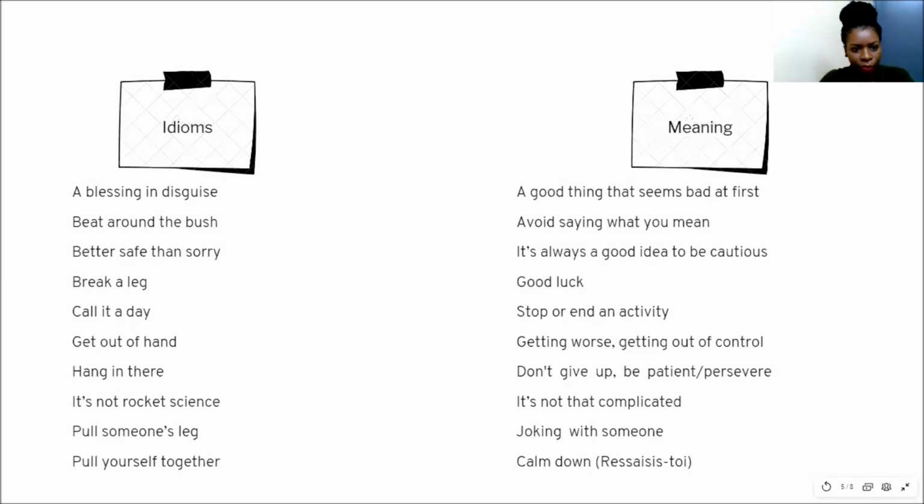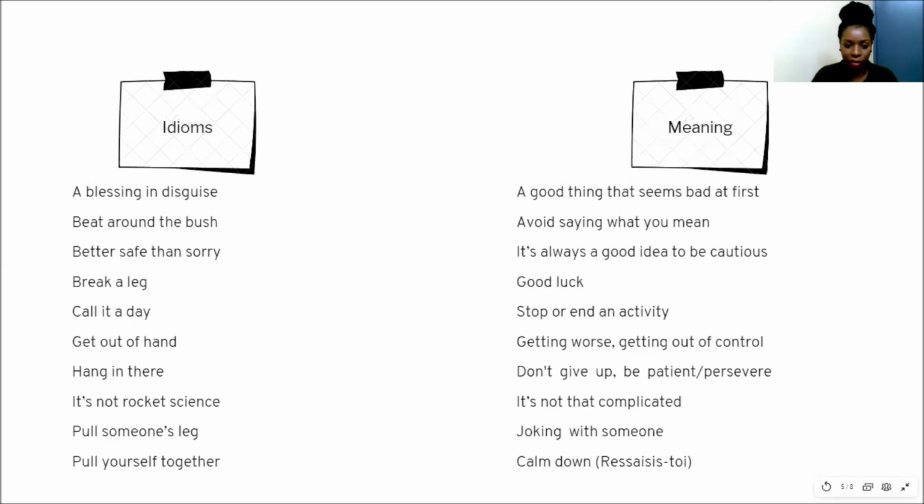Another idiom is get out of hand. When things get out of hand, it means that you can't control them anymore. So, oh, I was there and it was really bad. Things really got out of hand. It means things escalated to a bigger situation and it got worse and it got out of control. It's something that I couldn't do anything about.